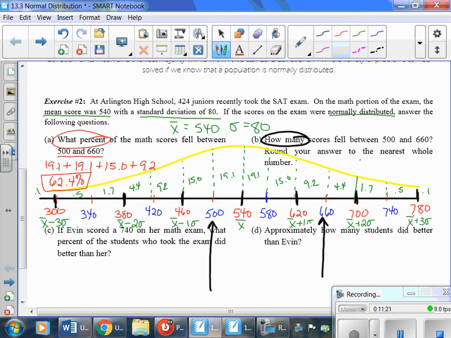So if you say 424 juniors times that 62.4%, which is 0.624, I'm doing my percentage wrong, turns out to be 264.58, but it says rounded to the nearest whole number, so it's 265 students, which is the answer to B.